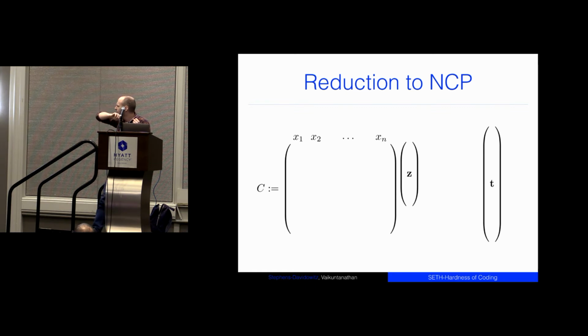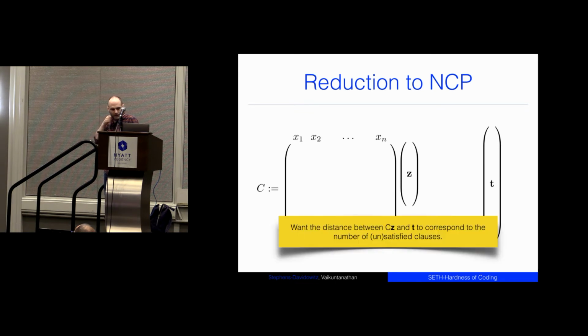So my first column corresponds to x1, et cetera. And I want this code to have the property that the distance between Cz and t should correspond to the number of unsatisfied clauses for z, right? So here z is a 0,1 vector. I'll view it as an assignment. Does this make sense?